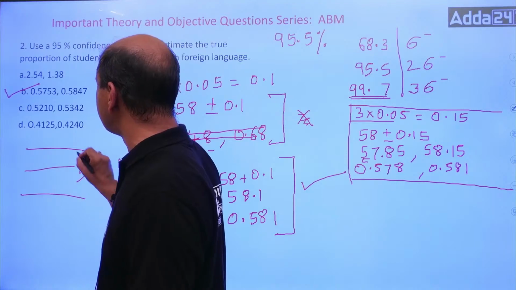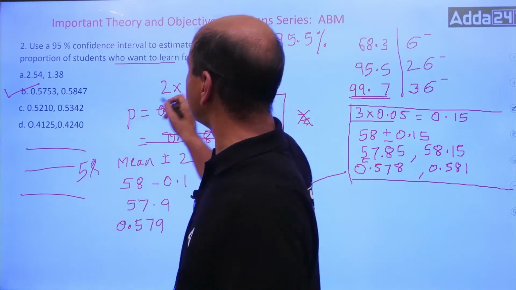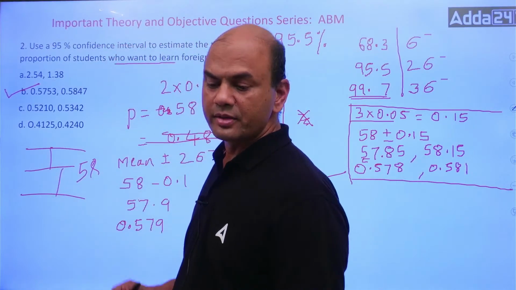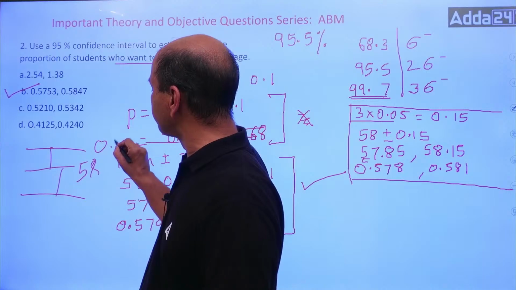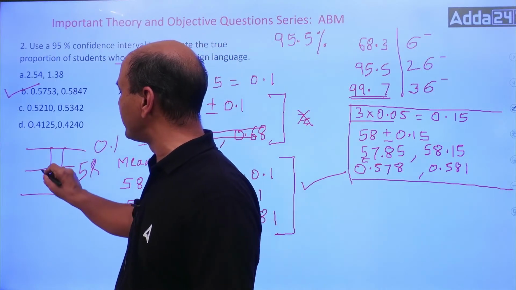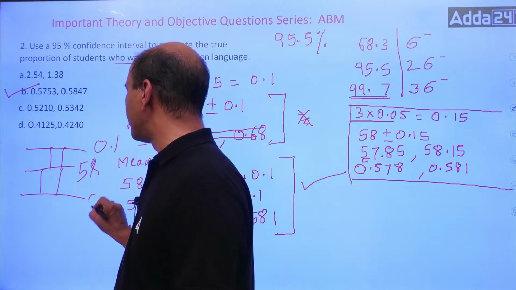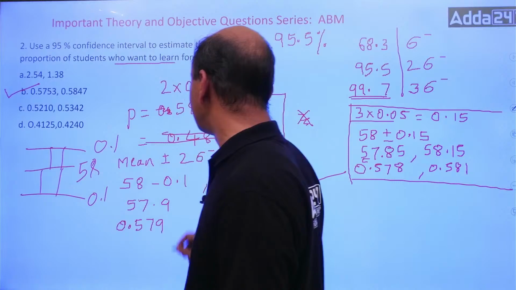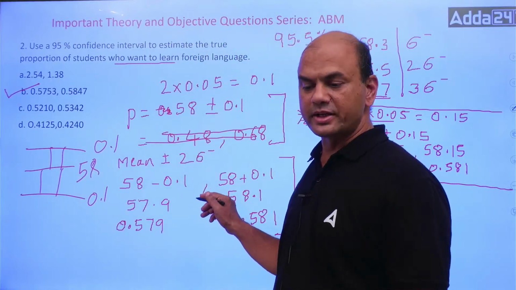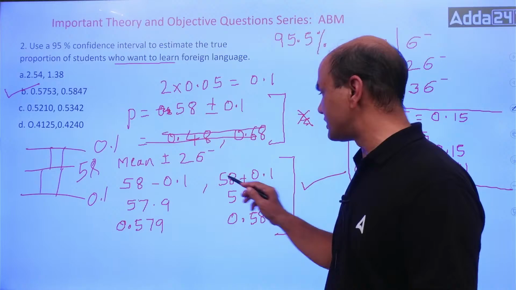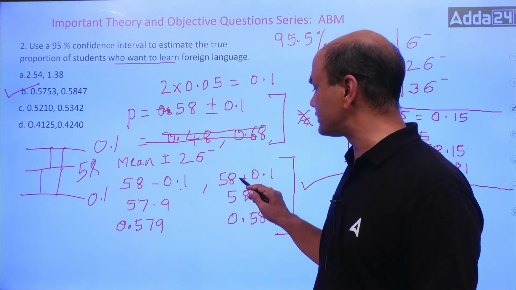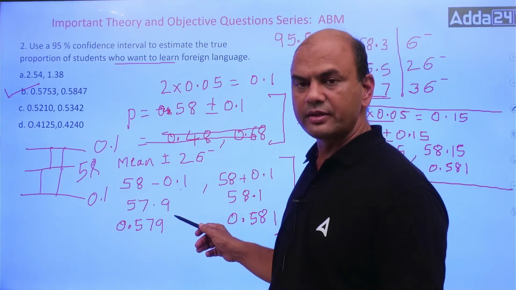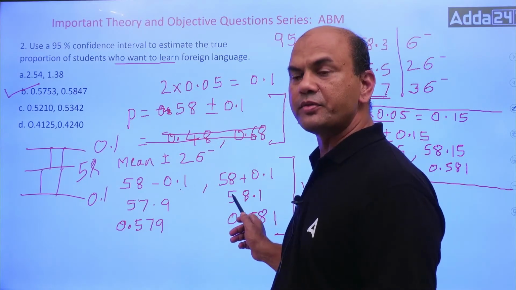How many standard errors do you require? 2. So 2 standard error over here and 2 standard error over here. So 0.1 over here is plus, and 0.1 over here is minus. So it will be 58 plus 0.1 on the upper side, and 58 minus 0.1 on the lower side. Your answers will be 57.9 and 58.1.